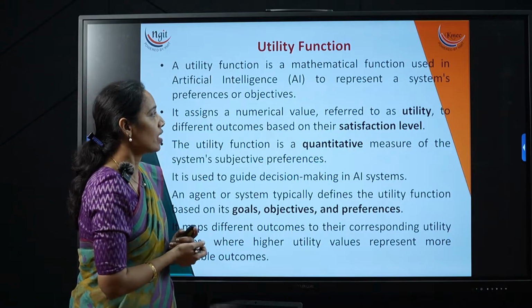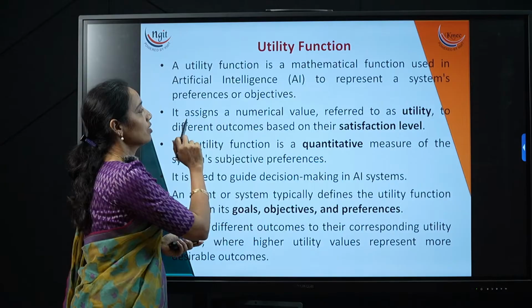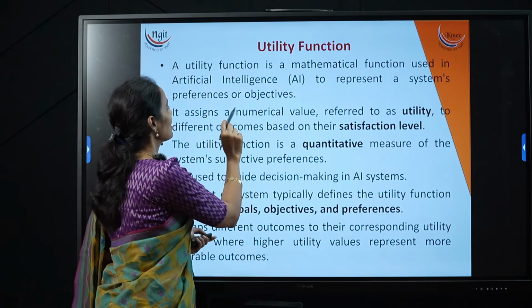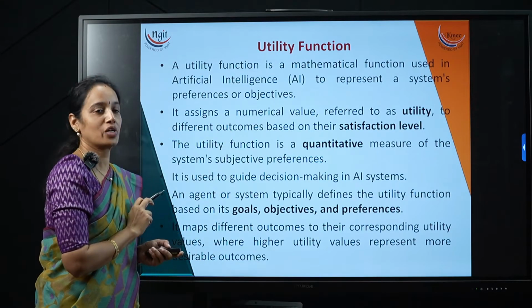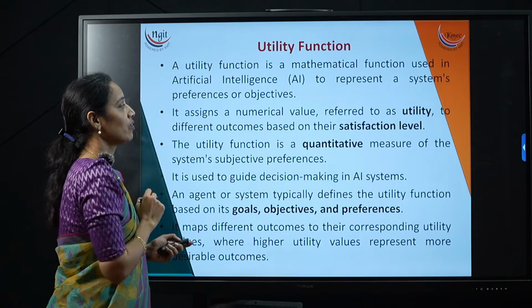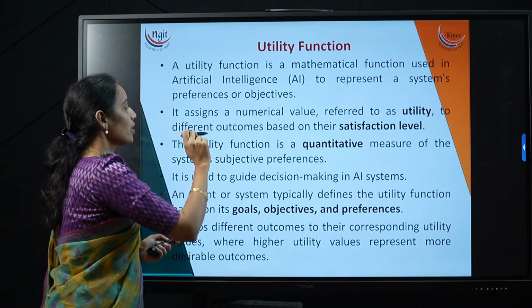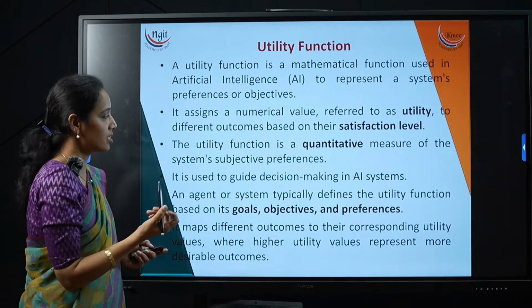Next, utility function. A utility function is a mathematical function used in AI to represent a system's preferences or objectives. It assigns a numerical value, which we refer to as utility, to different outcomes based on the satisfaction level.